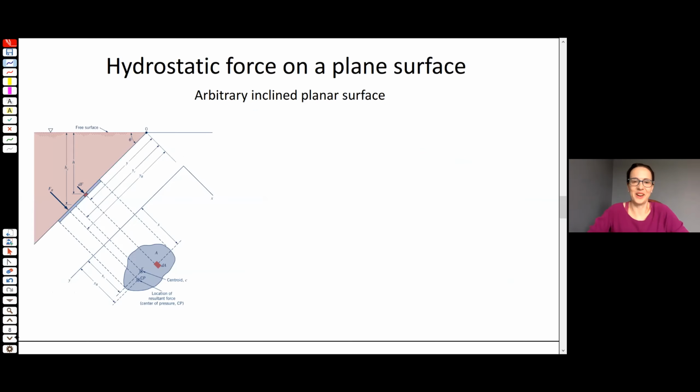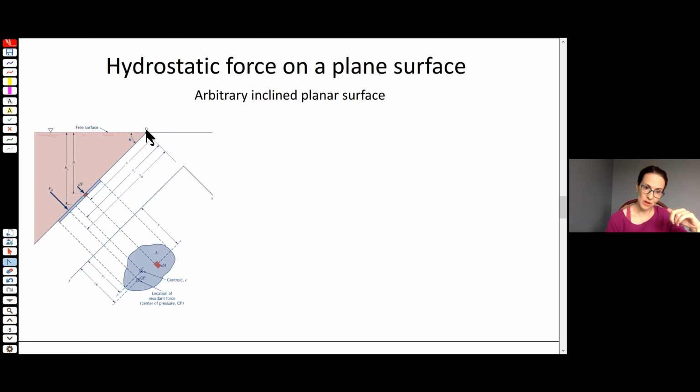All right, so now we're moving over to the case of an arbitrarily shaped planar surface that's submerged underwater. So let's just walk through this figure for a moment. This is 2.17 from the textbook. We've got this pink shaded region, which is the fluid. We'll assume it's water. We've got that upside down triangle at the top. That means that it's open to the atmosphere. We've got a free surface. We've got a depth coordinate h that tells us what the vertical distance is from the free surface.